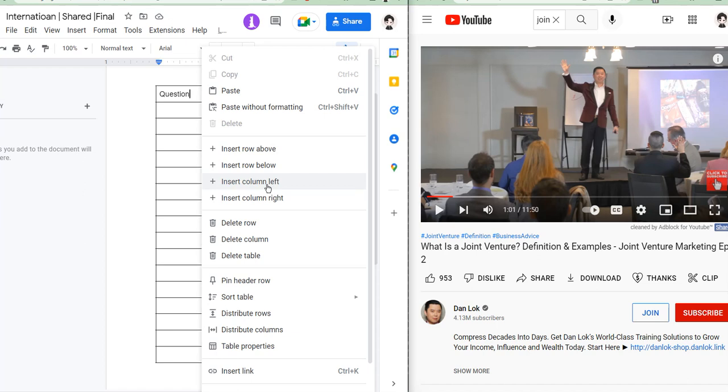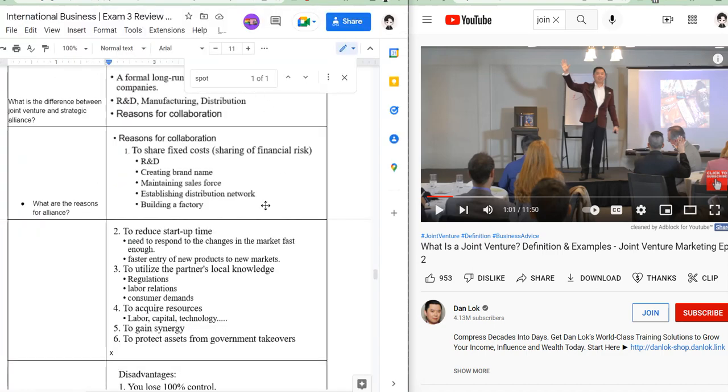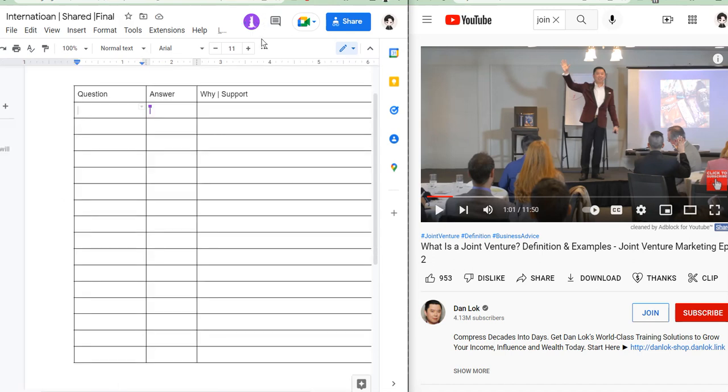If it's sorted randomly, that's why we have the Google Doc to go back on. For the answer, I think we should write the answer out, like copy and paste the answer, because I think he might randomize the choices.